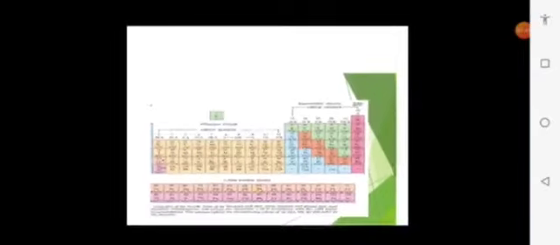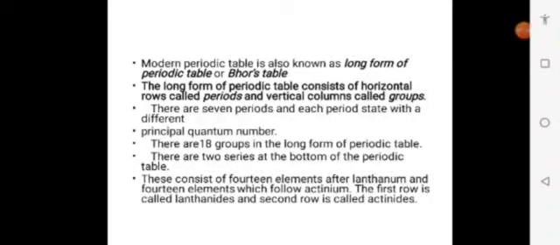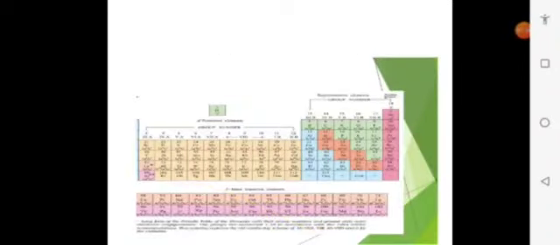In this table, elements are arranged according to their atomic number. First of all, we start this periodic table according to the blocks: S block, P block, D block, and F block. On the left side, we have the S block elements, and in the middle, we can easily see the D block elements, called transition elements, groups 3 to 12.